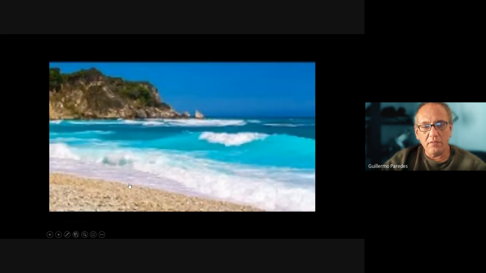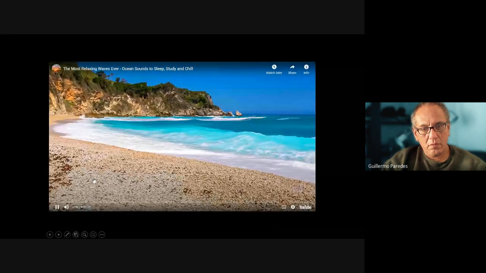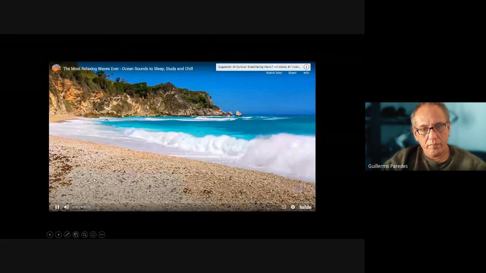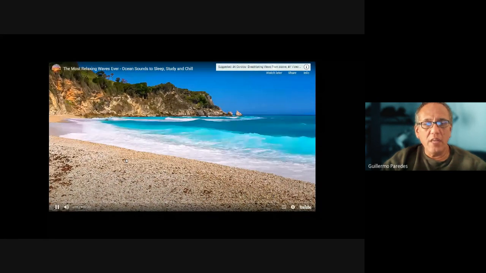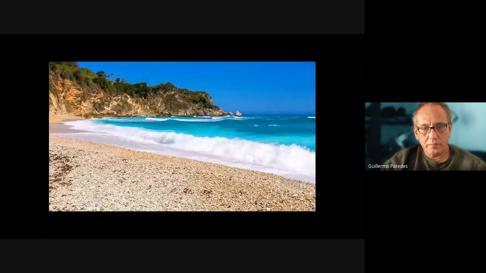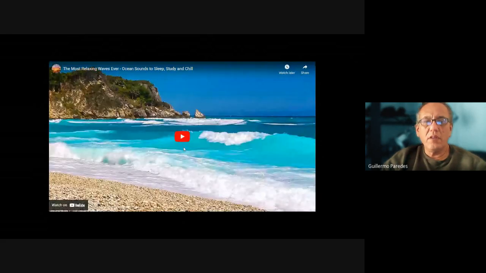Now let's see this. Pay your attention here. What to notice is the waves of the ocean, correct? The waves of the ocean. Now, you know that if there is something floating on the ocean, sooner or later that object is going to end up on the beach.